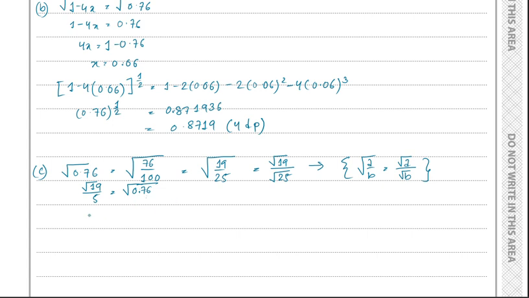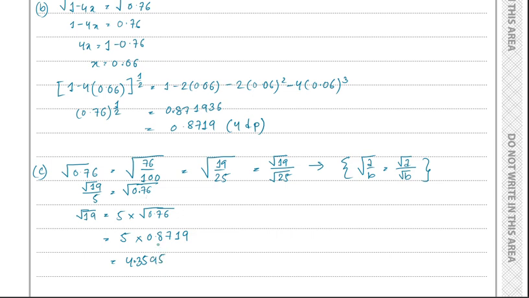We know the value of root over 0.76. So root over 19 goes to 5 multiplied by root over 0.76. And we got root over 0.76 to be 0.8719. So 5 multiplied by 0.8719 would come out to be 4.3595.